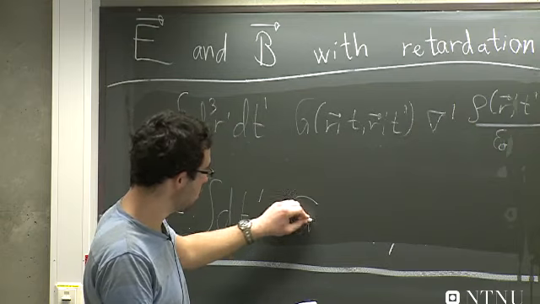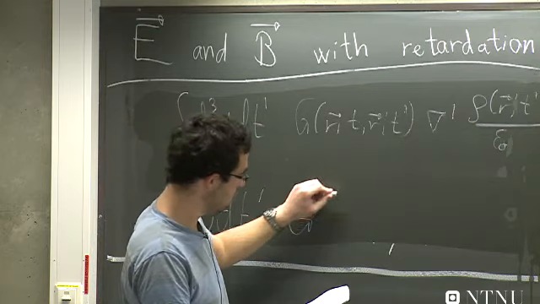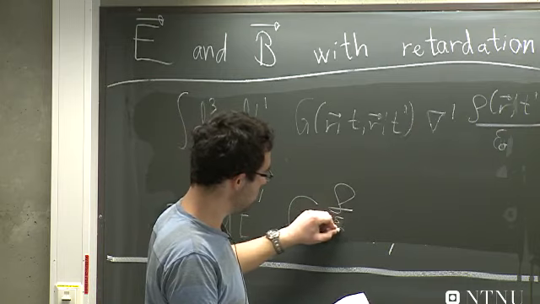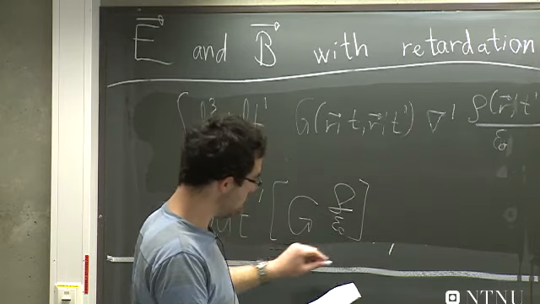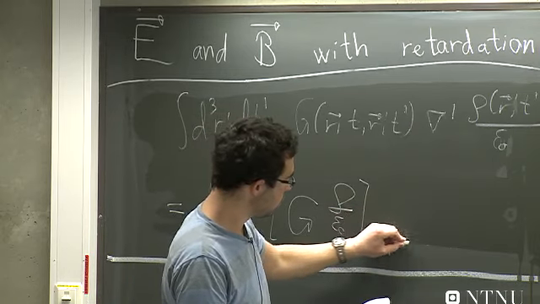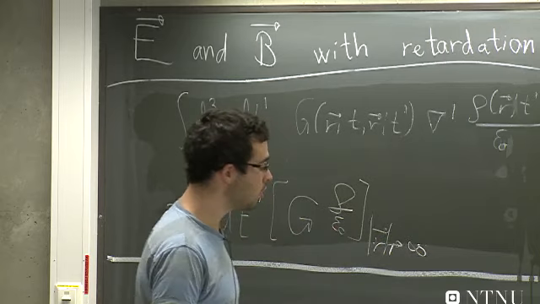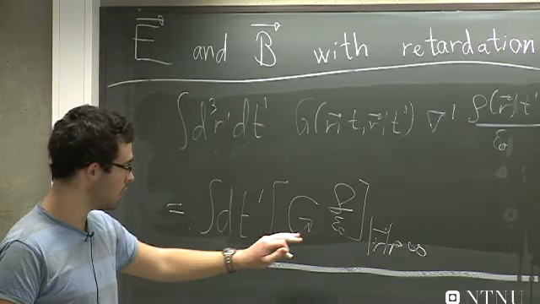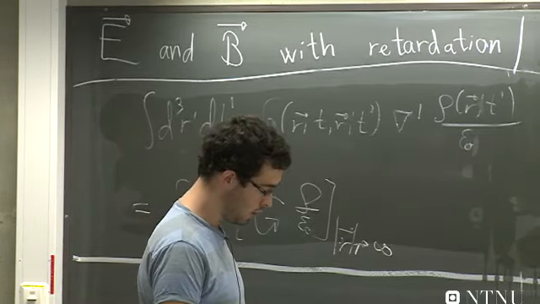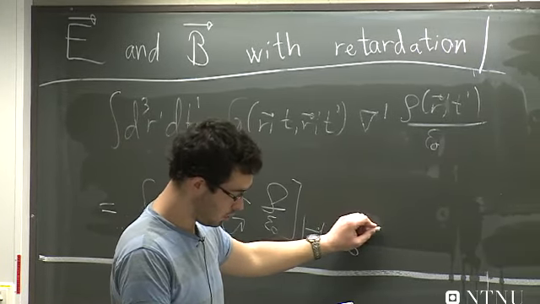So you get G with all that stuff times rho over epsilon naught at r goes to infinity. So that's the boundary term, the surface term, if you want.